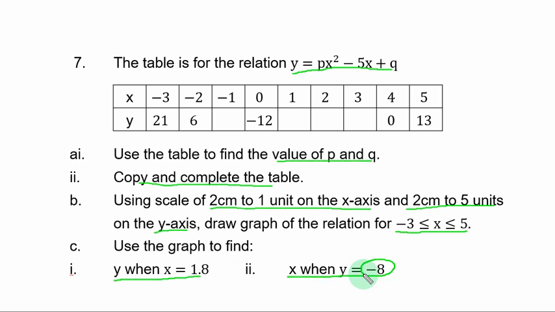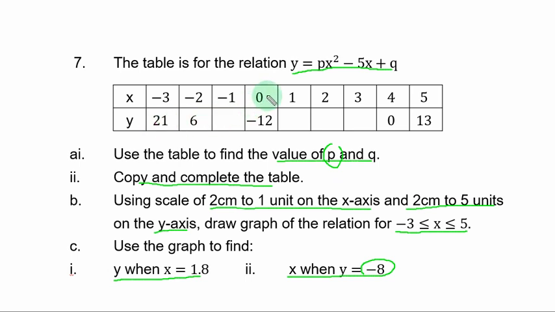Let's explain what happened here. Now you need to find p and q using the table. You can use any 2 points or any ordered pair. That is, when s is minus 3, y is 21 can be used.